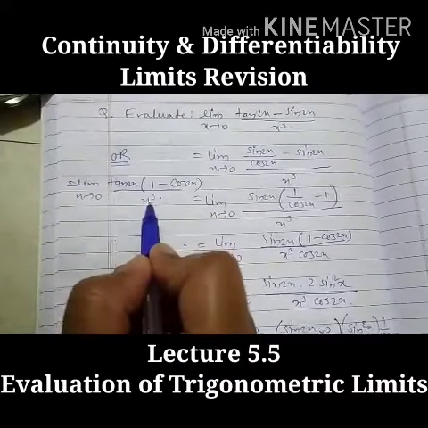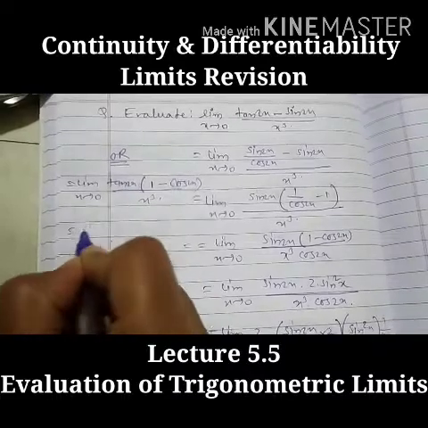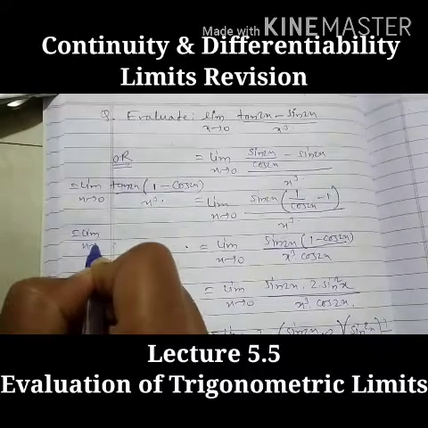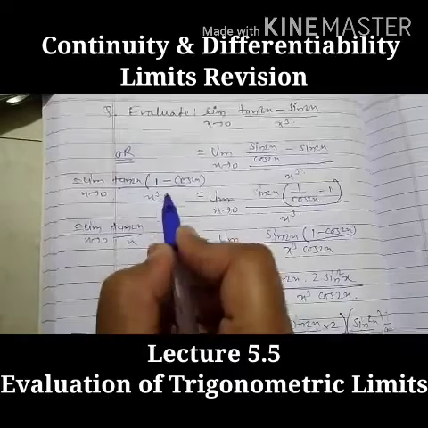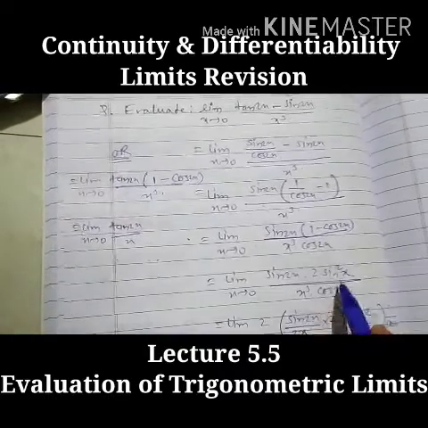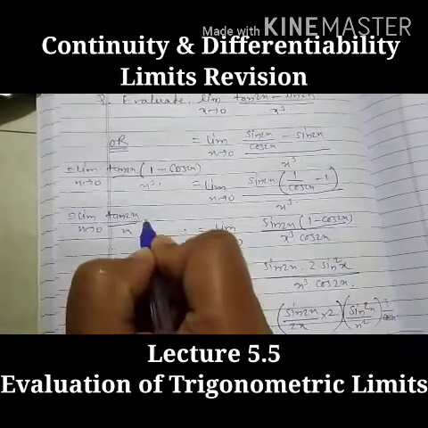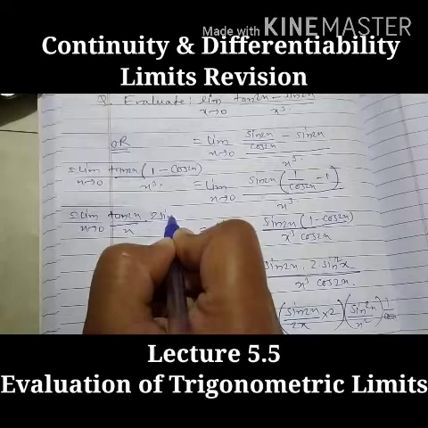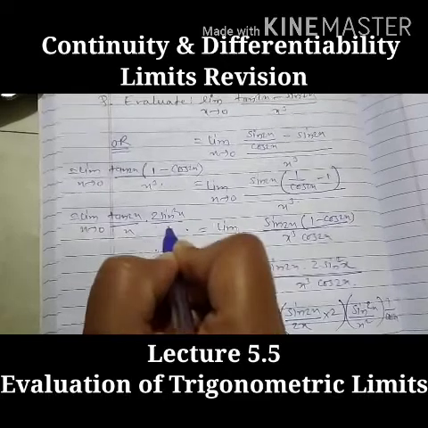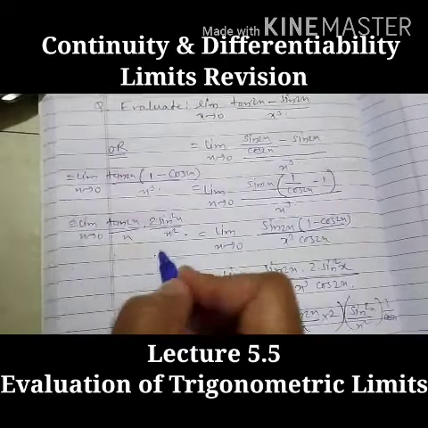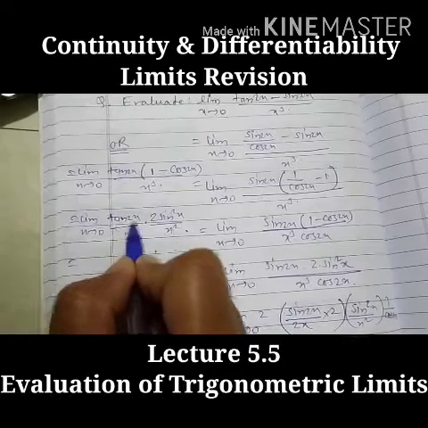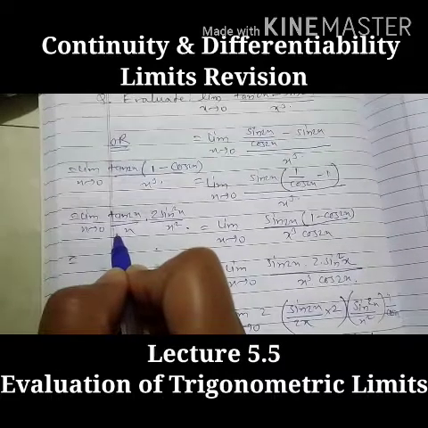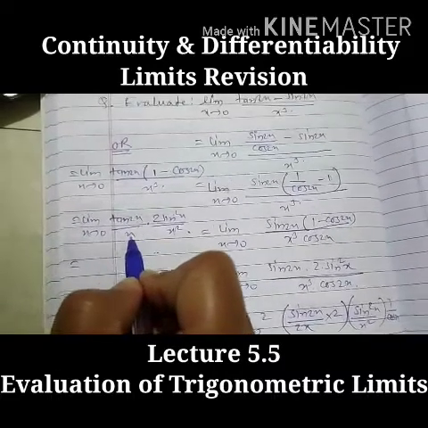Now we'll take 1 x with this tan 2x, so limit as x tends to 0 tan 2x upon x. Now we know that 1 minus cos 2x we have written as 2 sine square x, so we can write here 2 sine square x, and x square will be written here. So what we have, and here we know that tan x by x as limit x tends to 0 is again 1, so we'll multiply and divide by 2.